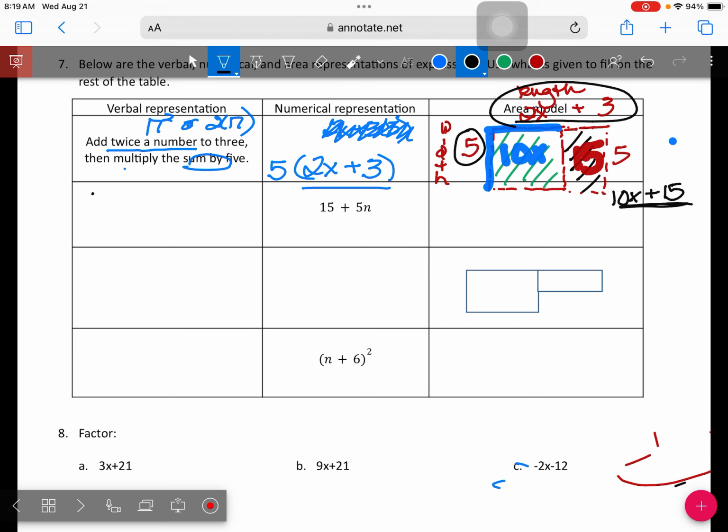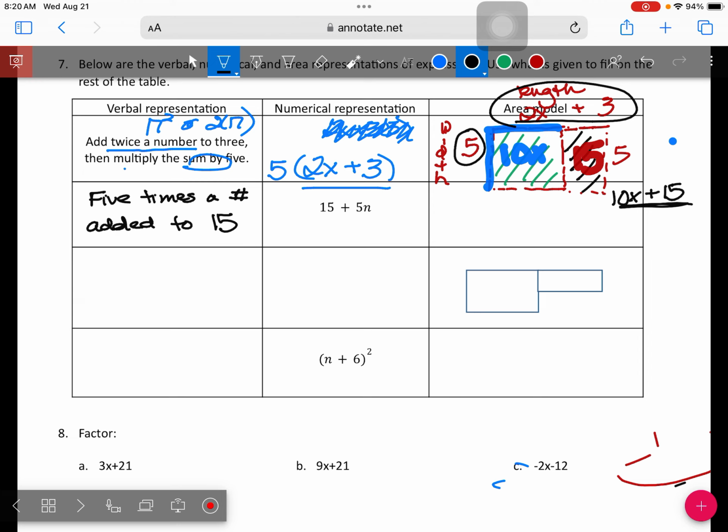Okay, 5 times a number added to 15. What do you guys think of that verbal representation? Is that correct? Yeah, it works. Is that the only way I could say that? No. I mean, there are going to be similar ways.